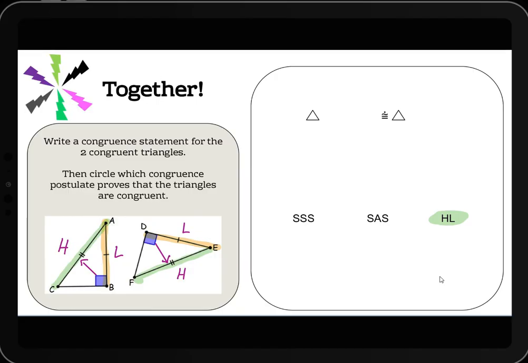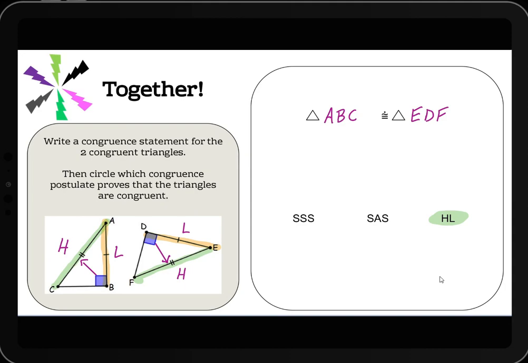So now that I know that, I can go ahead and identify triangle ABC matches with EDF. So that is going to be my congruent statement in that case. And if you rearrange the letters again, that's going to change how you might write your answer, but they still have to match up.